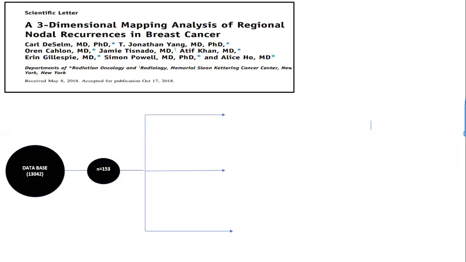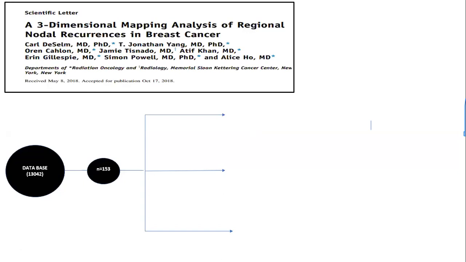Moving ahead with the mapping study. This mapping study was published in 2018 by Memorial Sloan Kettering Cancer Center in New York. This is the largest mapping study. They took around 13,000 patients, and among them around 150 patients had relapsed loco-regionally.